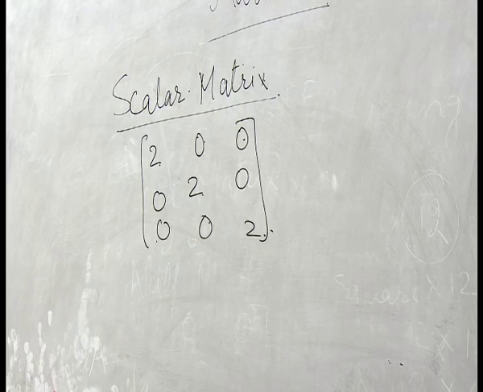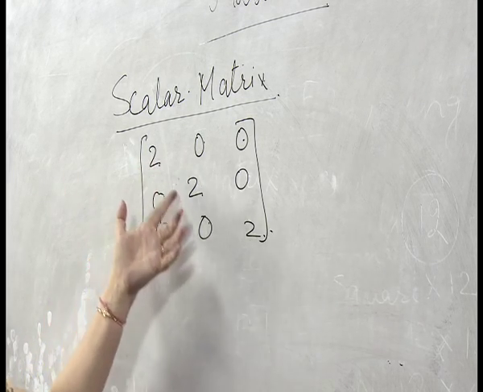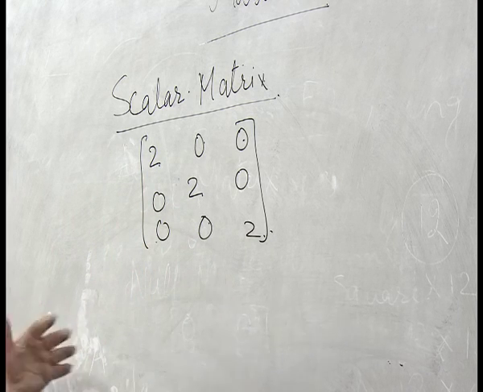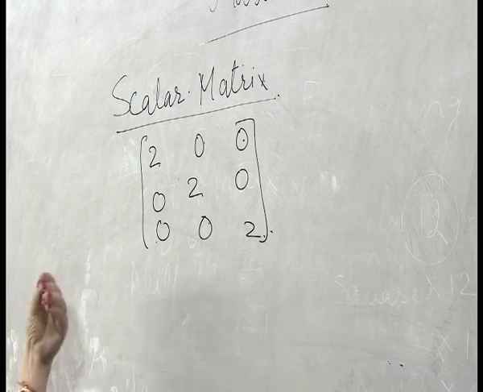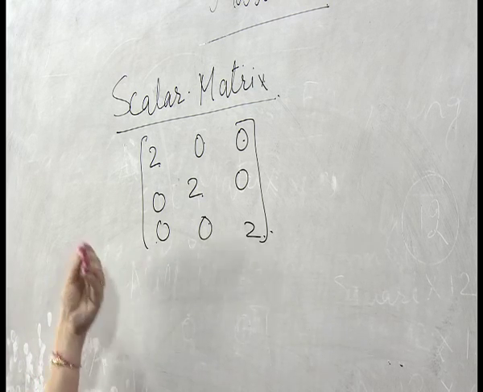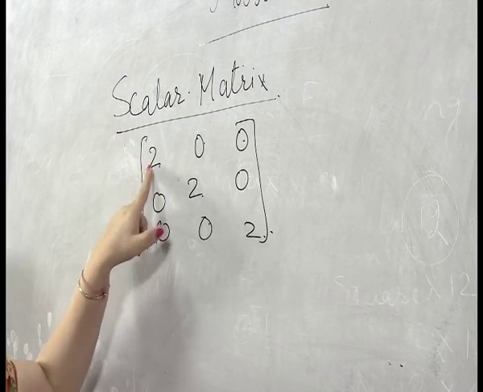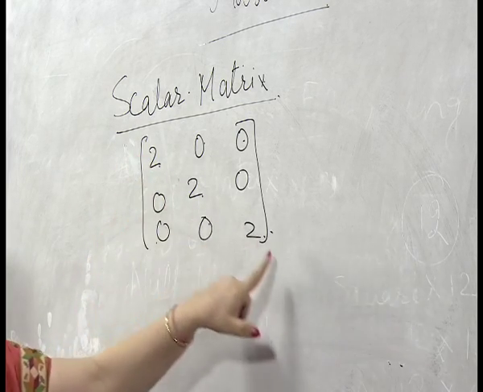This is a scalar matrix. It is not necessary that it has to be 2. It can be any constant. It can be k, it can be -1, it can be √2, it can be any number. But one thing you have to keep in mind, all the diagonal elements will have the same value.